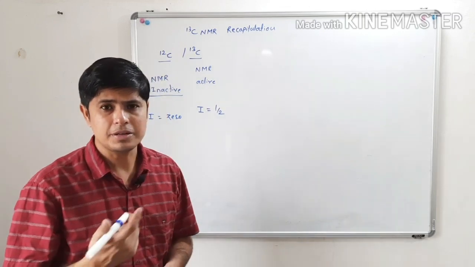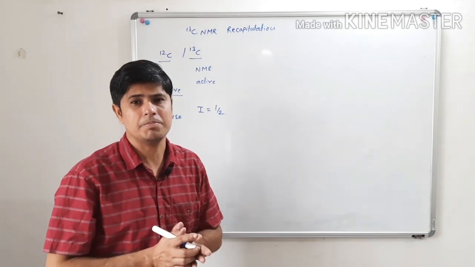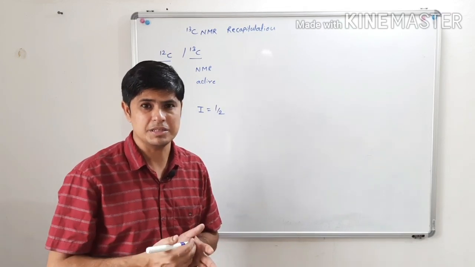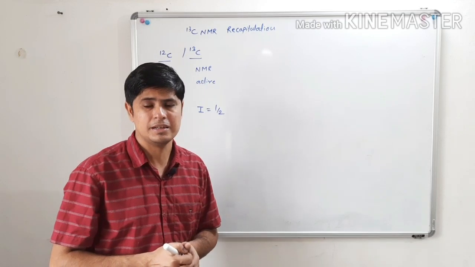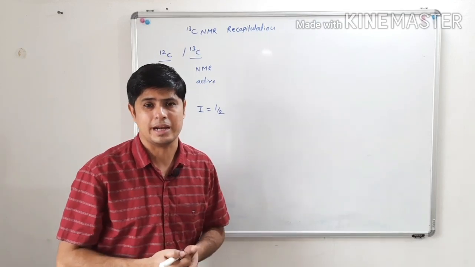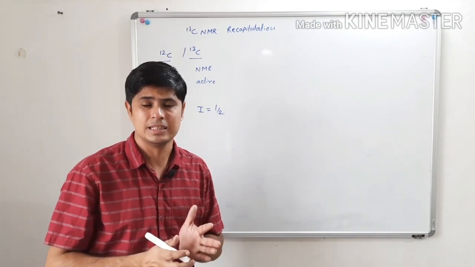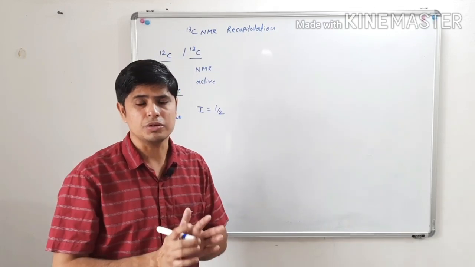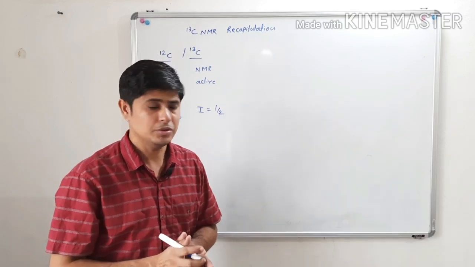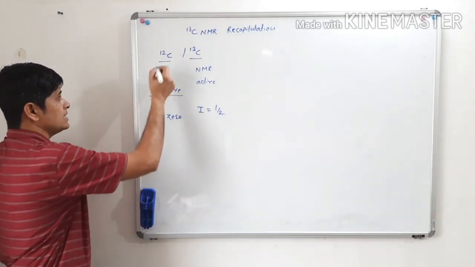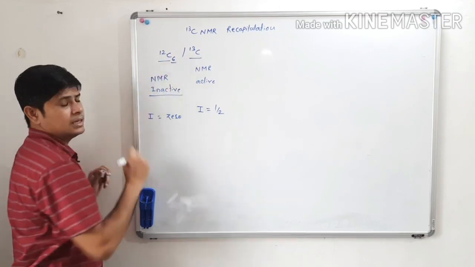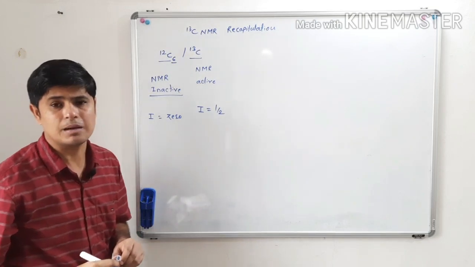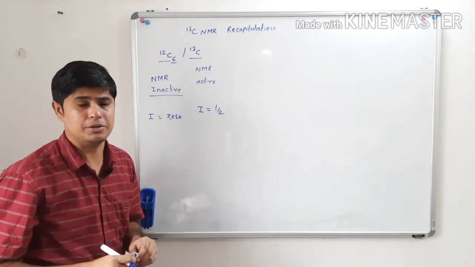If we remember, in the first lecture of proton NMR last year, we saw which nuclei are NMR active. Those having either odd mass number or odd atomic number are NMR active. Carbon 12 has an even atomic number and an even mass number, hence it is not NMR active.